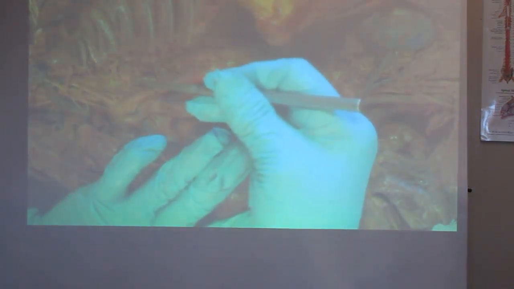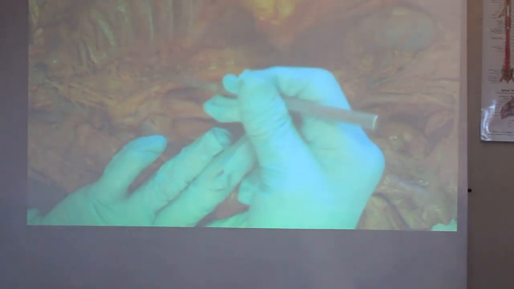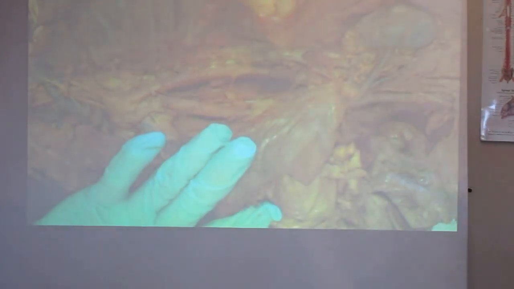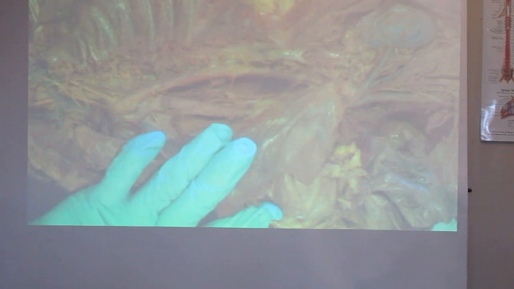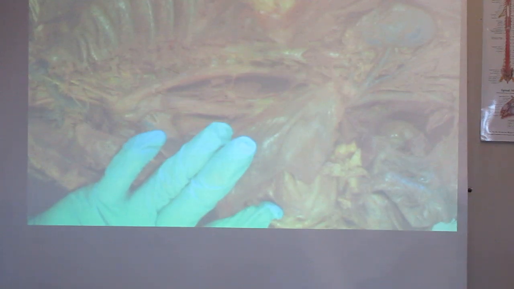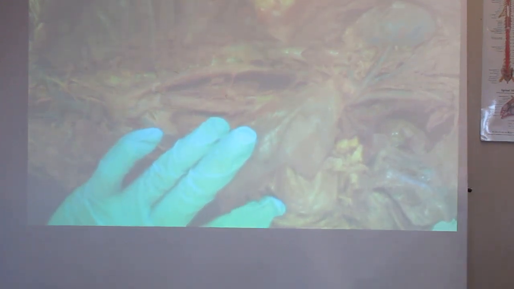These are our intercostals. Where are they going to go? They're going to go to the ribs, but what is the groove that they're on? Subcostal groove. Remember that? From way back? Beginning. Okay.